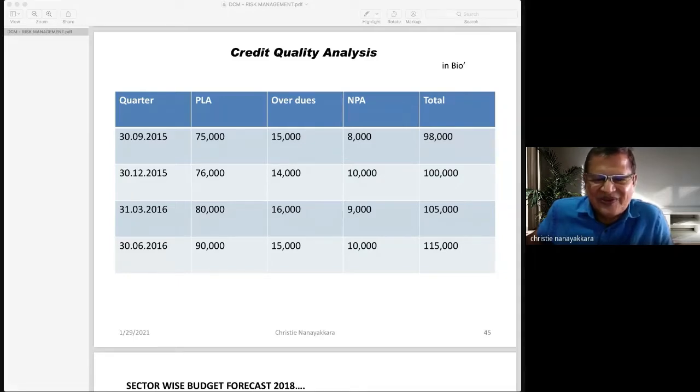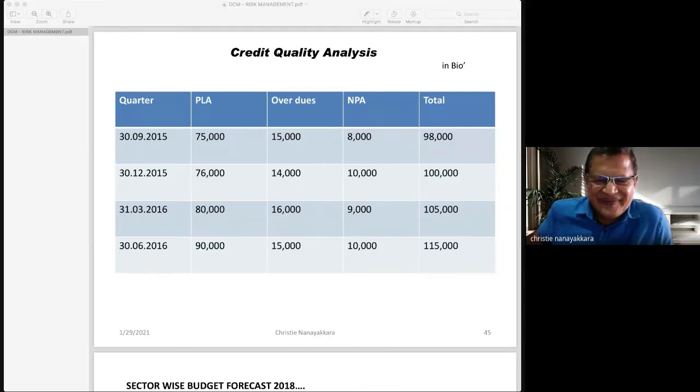Which is also not a good sign, because the NPA ratio is the one we take as an indicator of the quality of your credit. So in the third quarter, you have increased and got NPA down to 9.